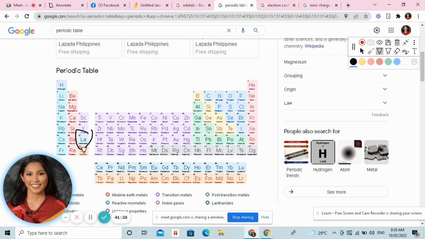Sa kaning unsa ni CE? CE. 58, ma'am. 58. So dira siya mosulod. Yes. Dira siya mosulod no. 5D1, anong dito 0?